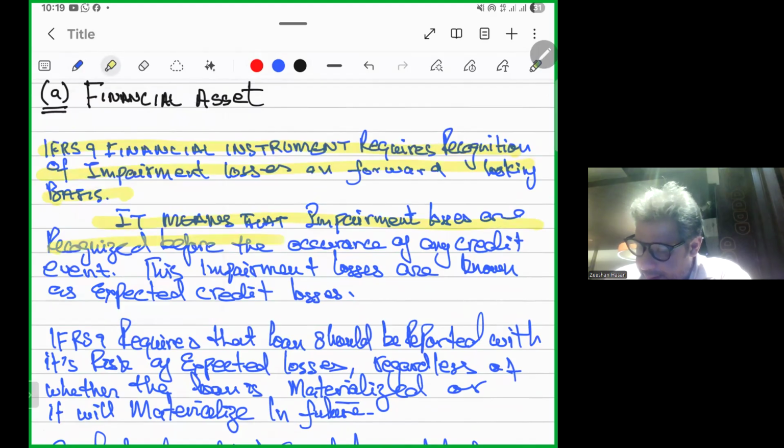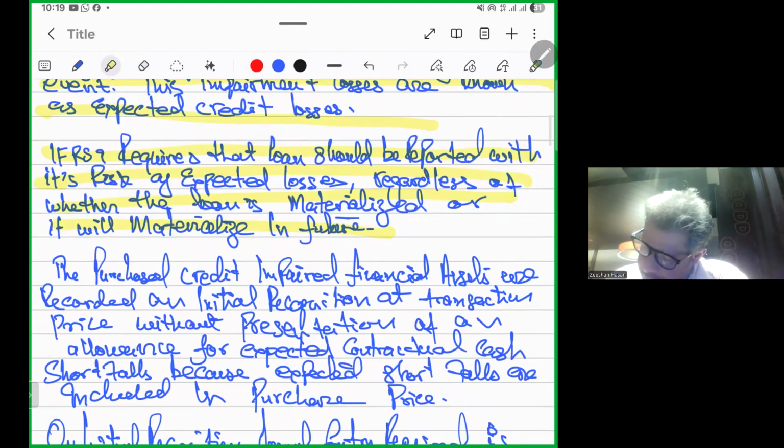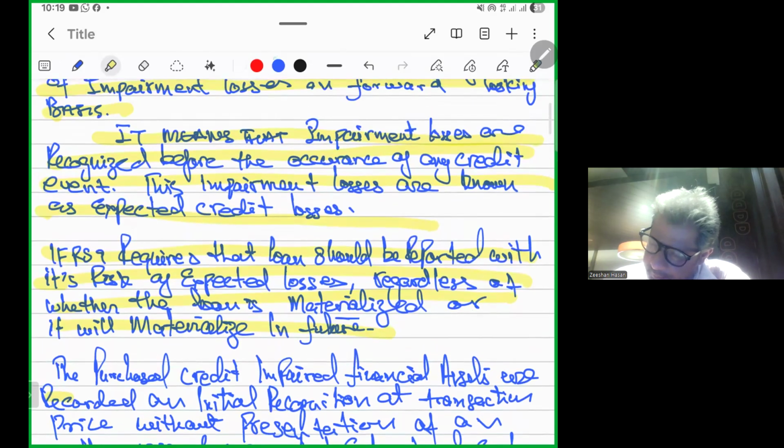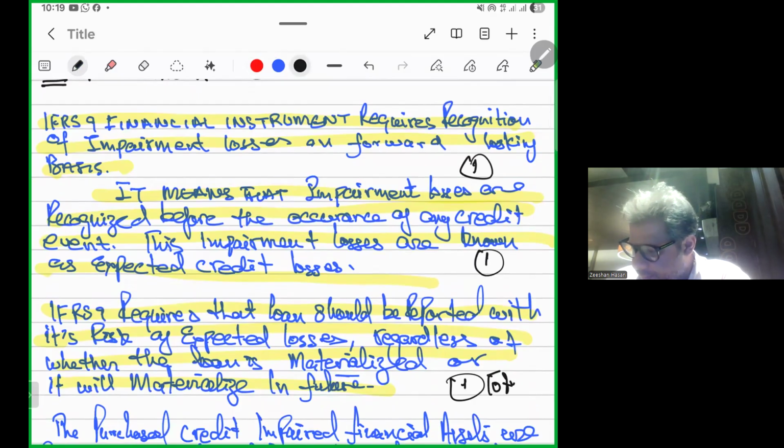For these areas, in the IFRS 9 principles, we got 1 mark, 1 mark, and 1 mark. Total 3 marks were there.